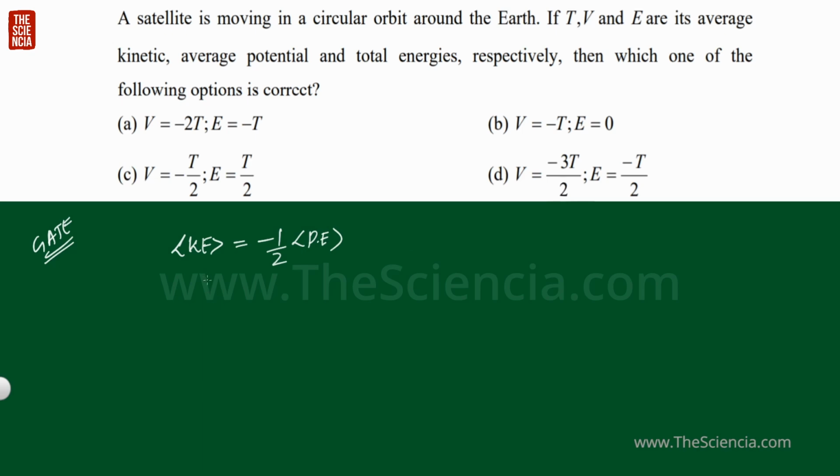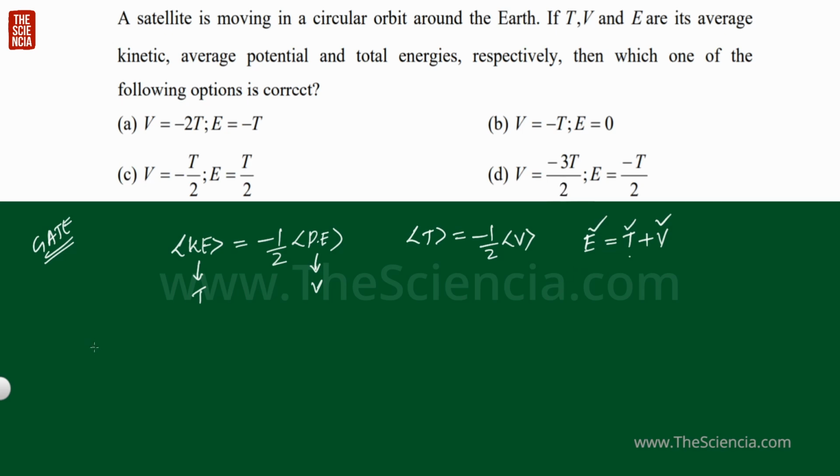And here in this question they are using T for kinetic energy and V for potential energy. That is average value of T is equal to minus 1 by 2 average value of V. And they are asked to find out the total energy, that is kinetic energy plus potential energy. In the options they have given the potential energy, so we have to find the corresponding kinetic energy. Then by adding these two we can find out the total energy.